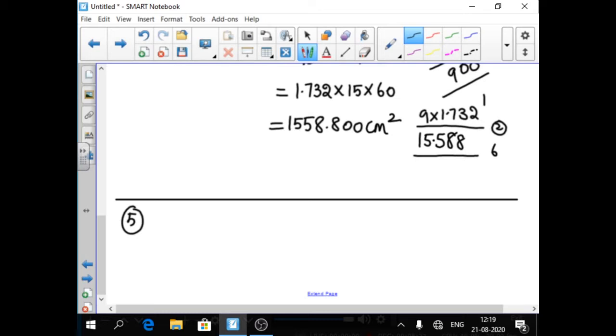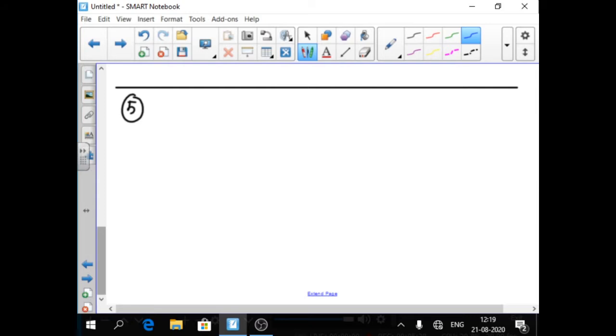So, first you can draw the isosceles triangle. Isosceles triangle means, already I told you, any two sides must be equal. Okay. So we are taking any two sides must be equal. So this is A, and this you can take as B. What is given?